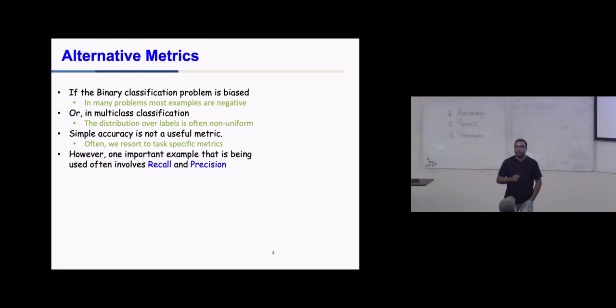Right. It's not about the overall number of how many times I am correct. I want to be correct for each class. Within the positive class, I want to have a good accuracy, and within the negative class, I want to have a good accuracy. It's not just to be accurate only for the negative class.